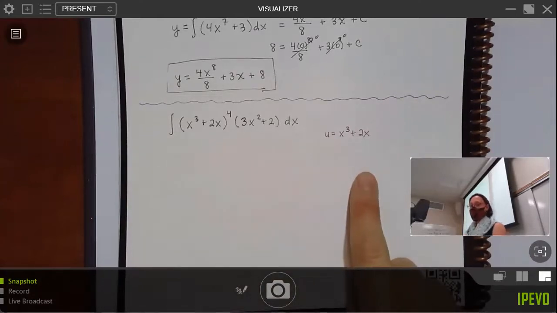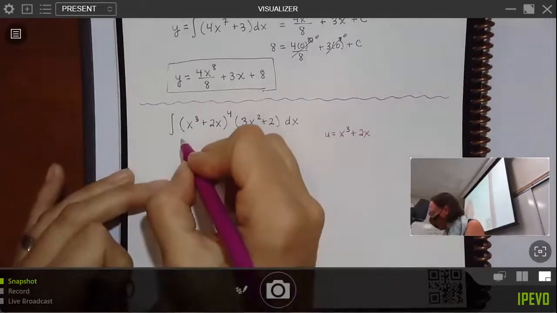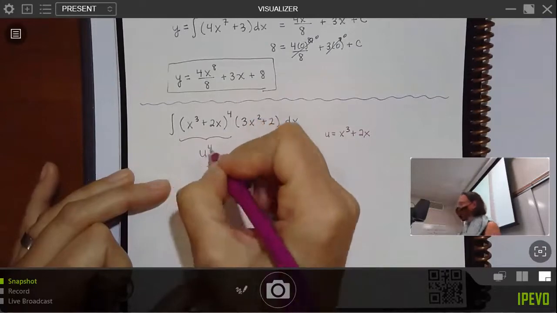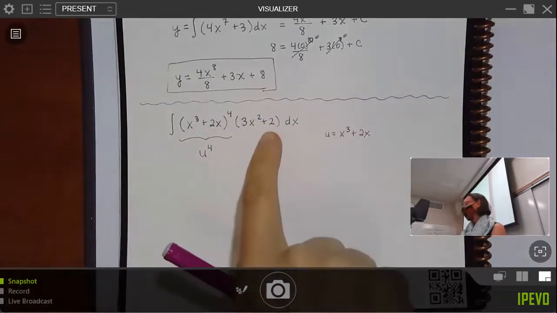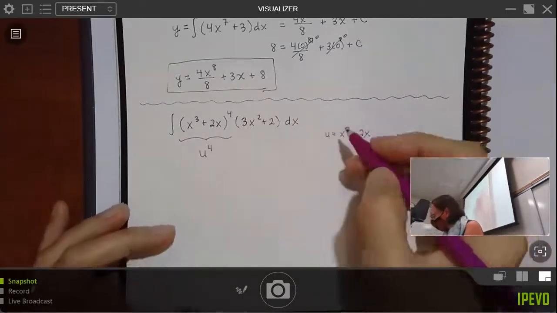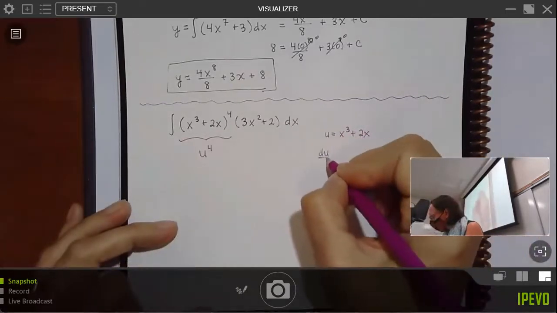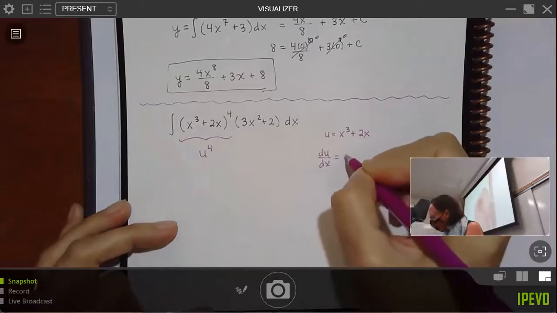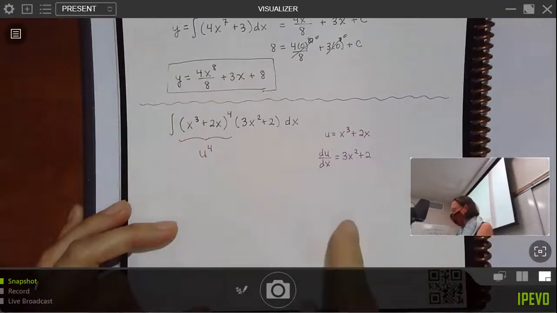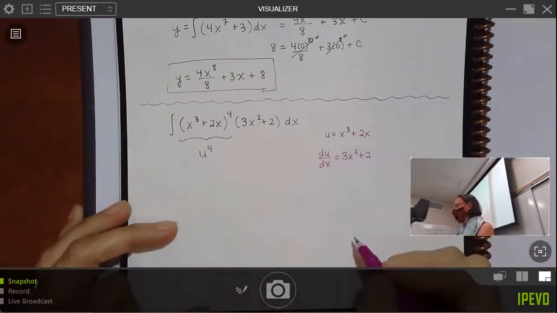So right now I would be able to translate this part. This could be translated as u to the fourth. But this other part needs a translation also. So I'm going to come over here and take the derivative and get 3x squared plus 2, which almost looks like stuff over here if I just rearrange it slightly.